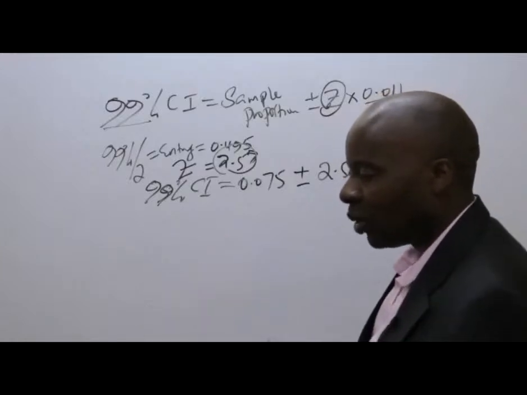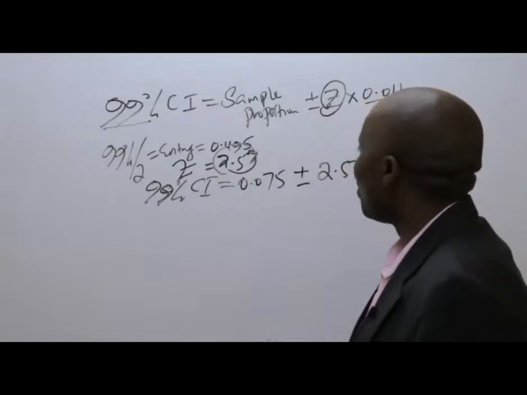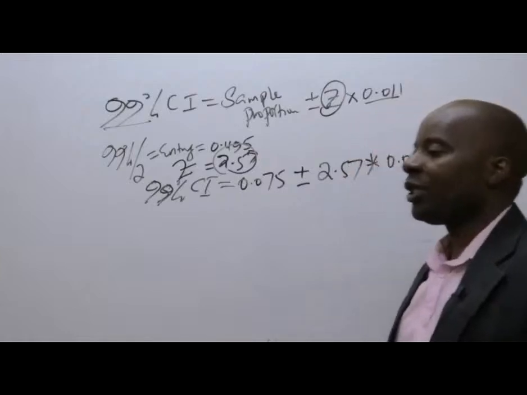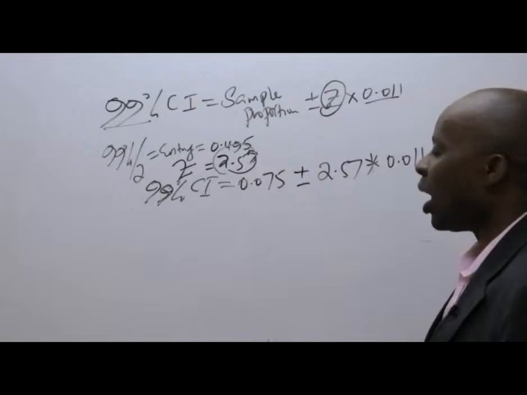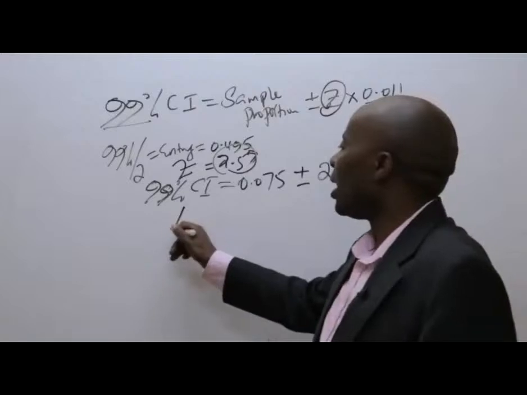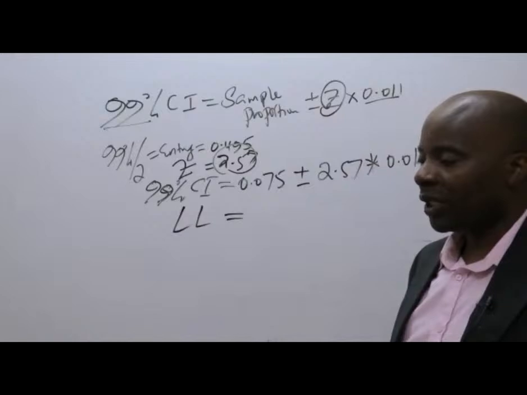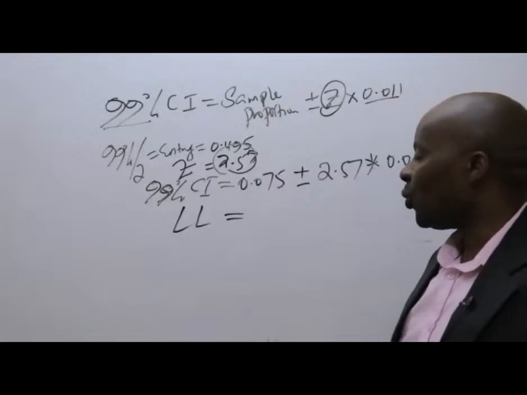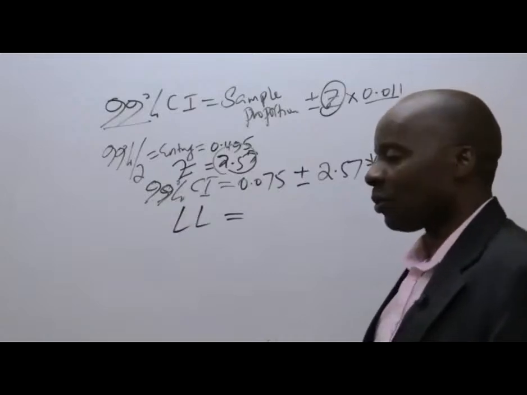Remember, to get the lower limit, what you'll do is subtract. You'll take 0.075 minus 2.57 times 0.011.